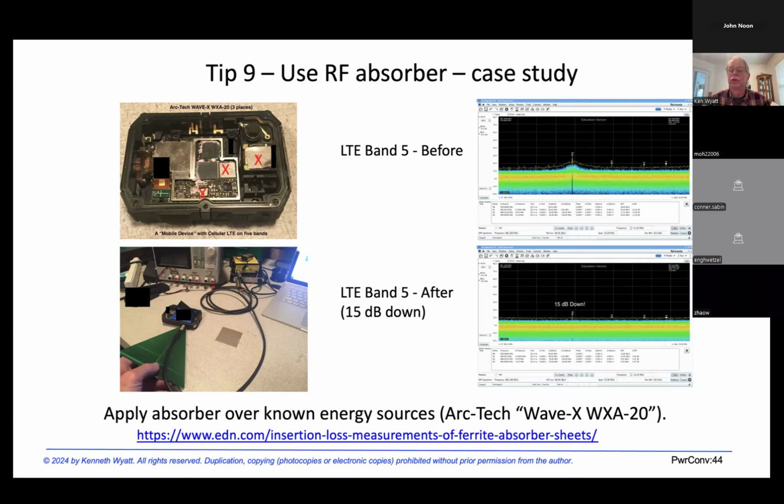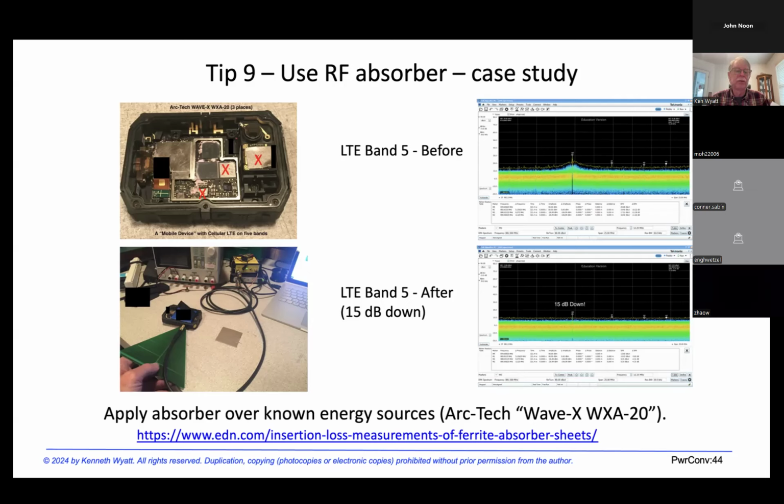But I have markers on each one of them. And so the before was in the upper right, the after is in the lower right, and that video coupling was reduced by at least 15 dB. It's basically the signal is in the noise floor, and all the narrowband harmonics are gone.